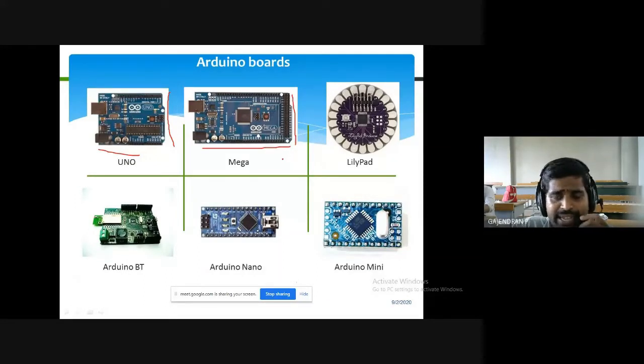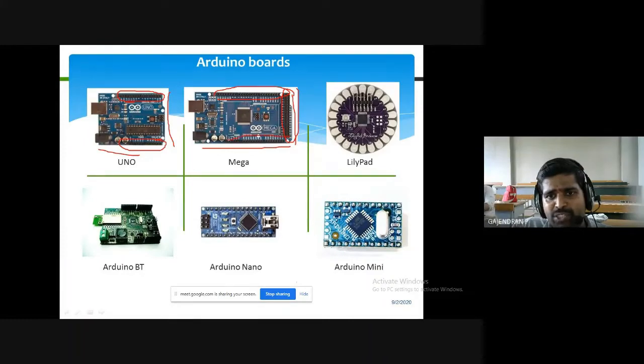Then, as an EC engineer, what else can you view from this? What else? See, number of pins. Consider here, these are all the pins. How many pins are there?